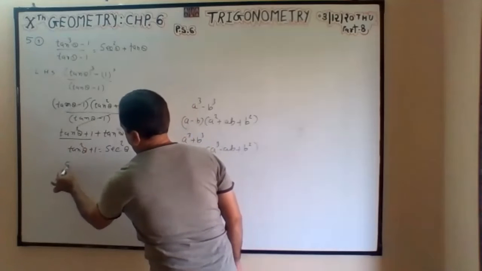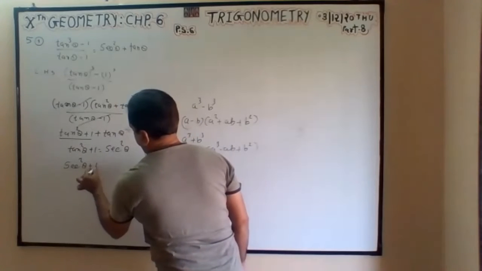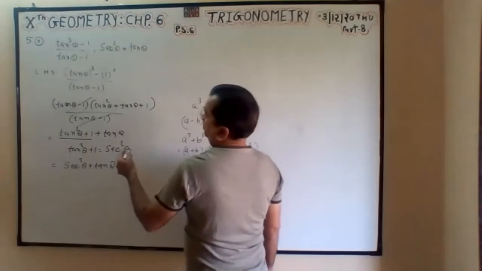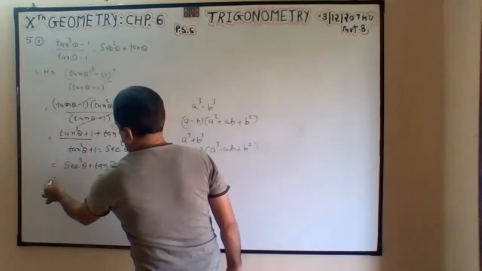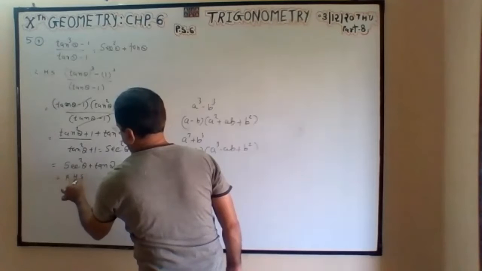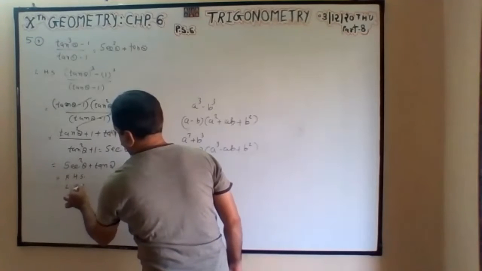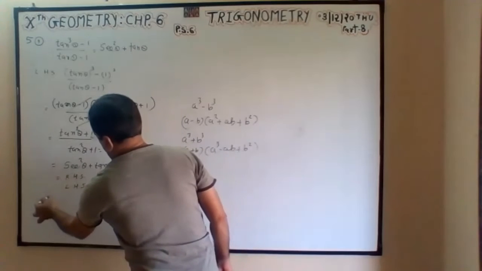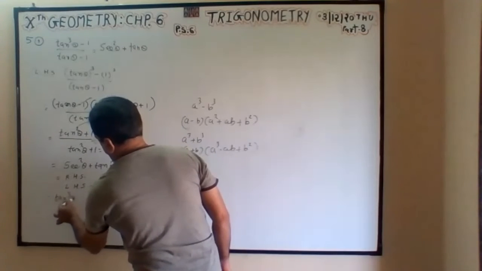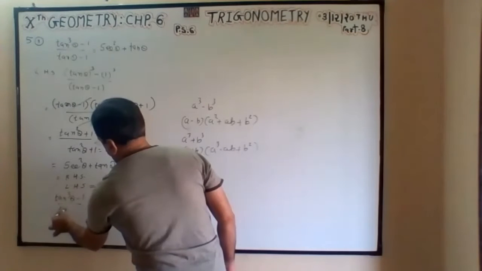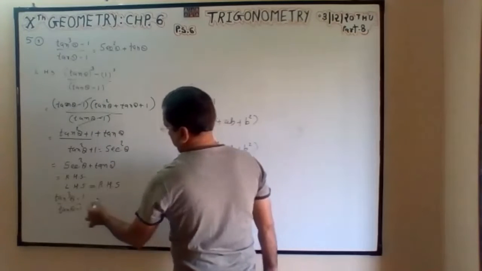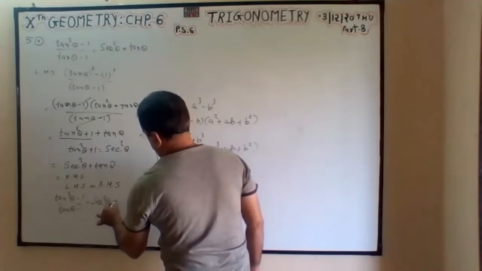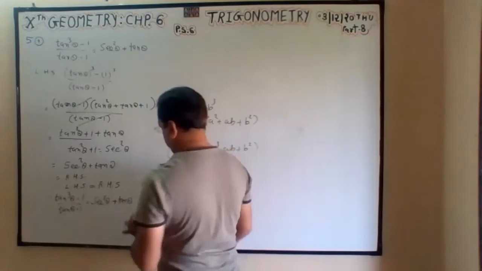So this one is sec square theta plus tan theta, which is equal to the right hand side. Therefore left hand side is equal to right hand side.